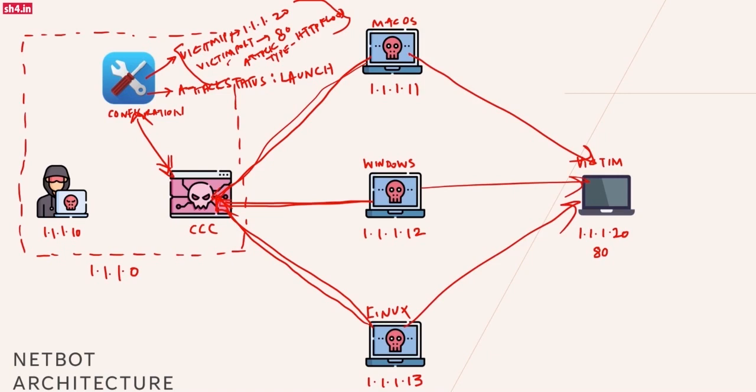To stop the ongoing attack, we change the attack status from launch to halt. CCC once again loads this configuration and the bots connected to the CCC read this latest signal data and prepare to stop attacking the target.